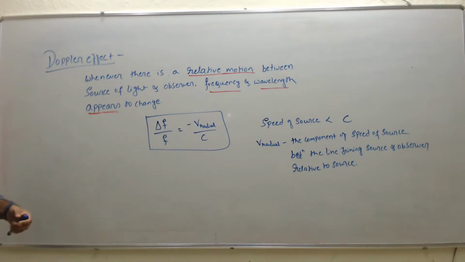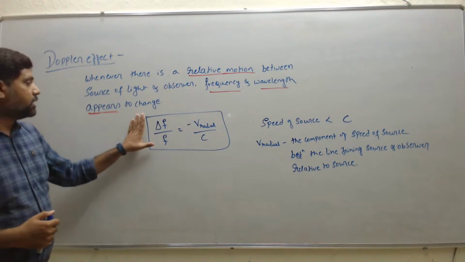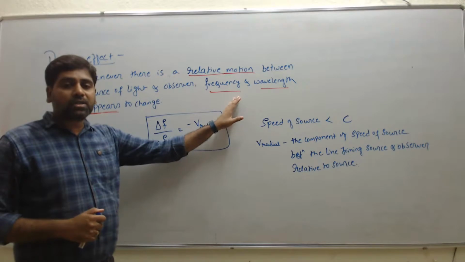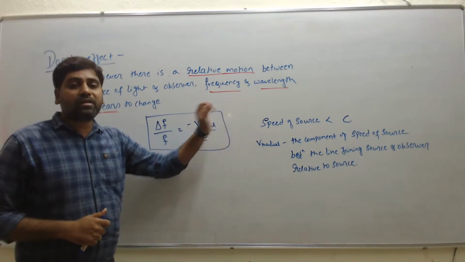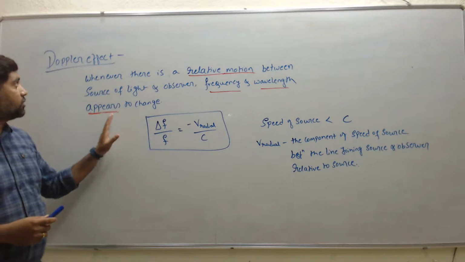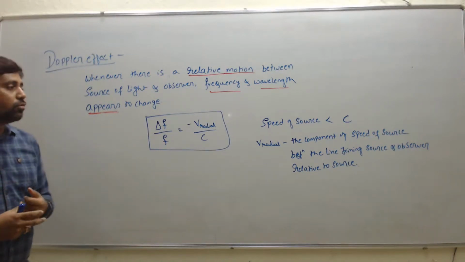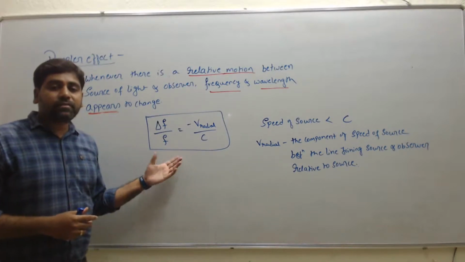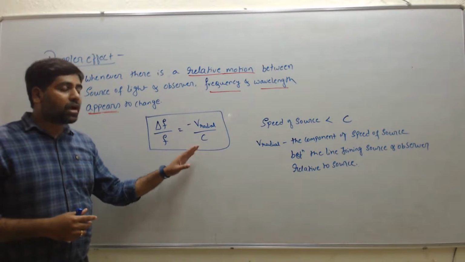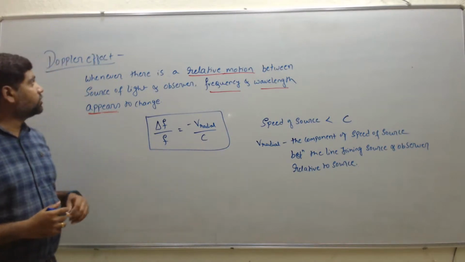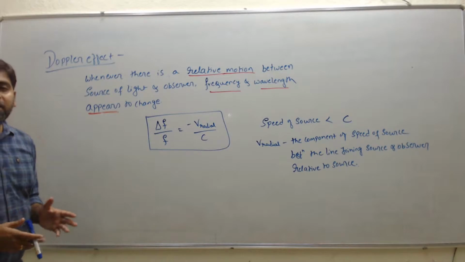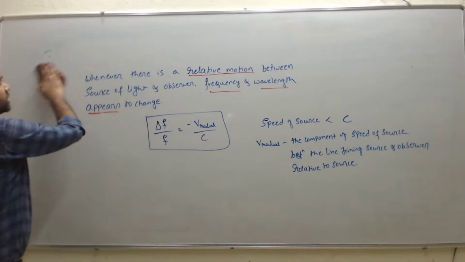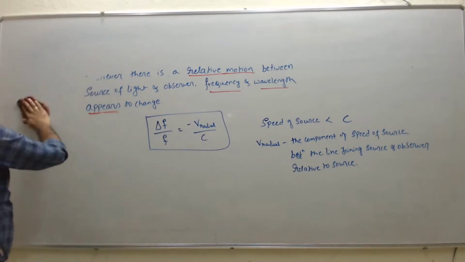One application of the Doppler effect is that we can measure the relative approach of stars and galaxies, that is, whether they are approaching or receding from us. So the application of the Doppler effect is that we can find the stars and galaxies which are approaching us or receding from us. So this is about the Doppler effect, redshift and also blue shift.